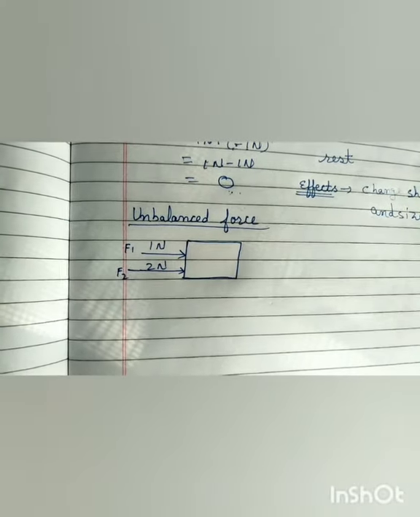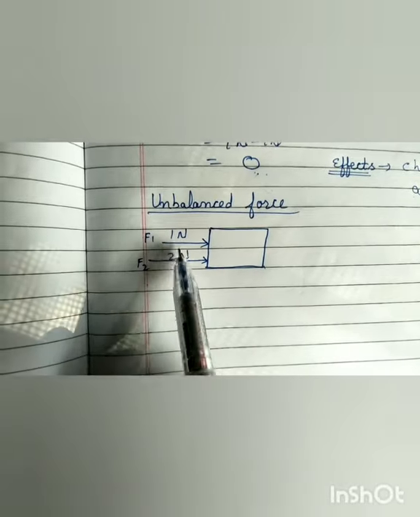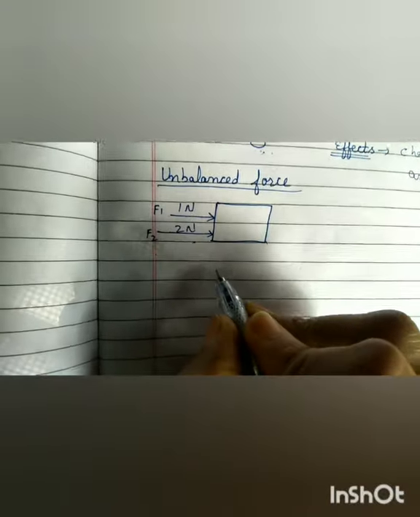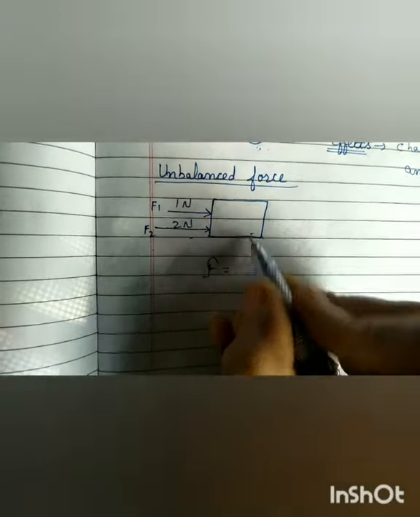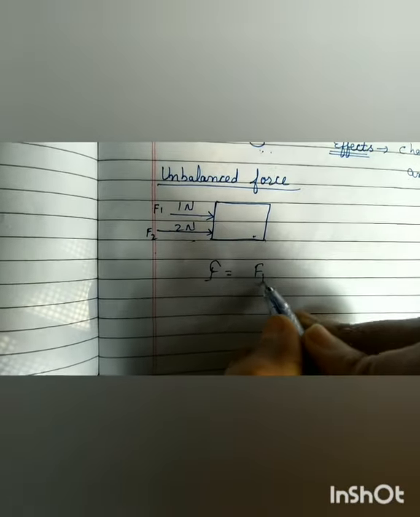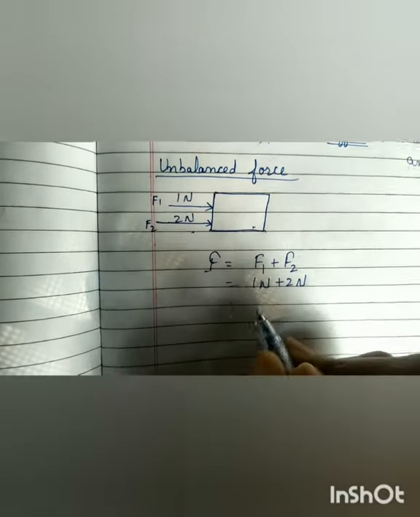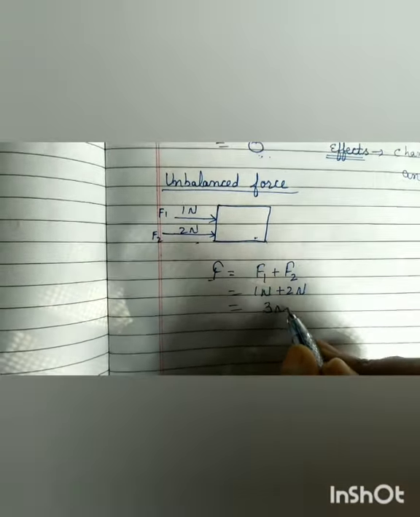Now let us move towards the next type of force, that is the unbalanced force. For this, we have an object and two forces F1 and F2 acting on this object on the same side. Now if you find the net resultant of these forces, F, the net resultant force acting on this object, then F is equal to F1 plus F2, which is equal to 1 Newton plus 2 Newton, and the resultant comes out to be 3 Newton.